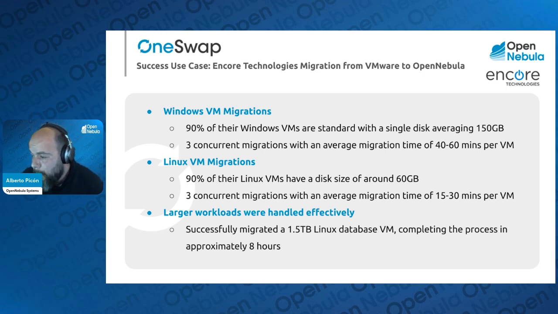They migrated several large disks for databases, Elasticsearch and log systems, one and a half terabytes. The process was long but fully automated: around 30 to 60 minutes for the bigger ones, and 8 hours for this one.